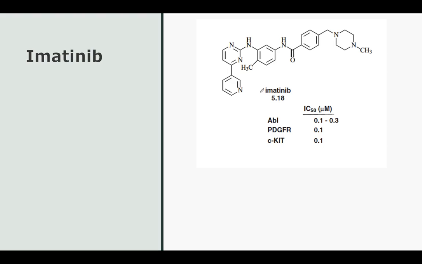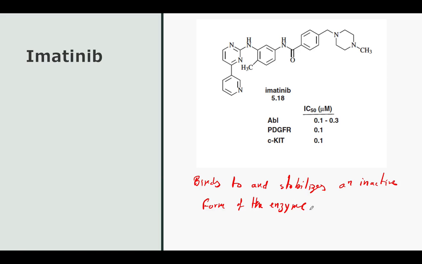So the interesting thing about imatinib and the way it works that's different from what we've seen before is that imatinib actually binds to and stabilizes an inactive form of the enzyme.